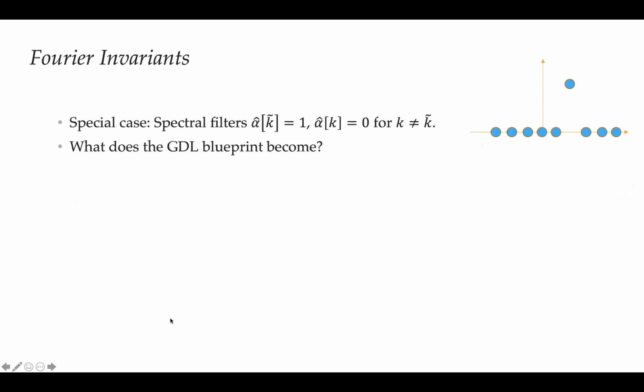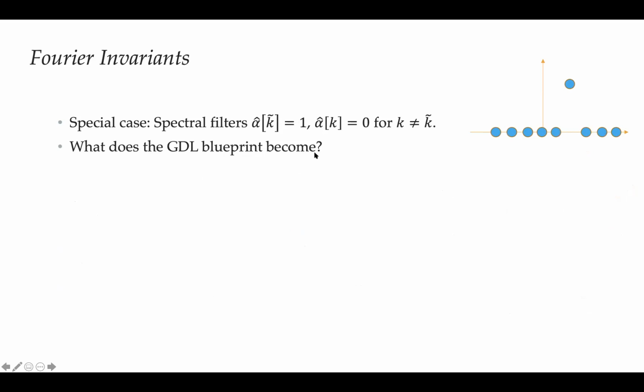Okay, so let me present a special case. Let's assume that I have spectral filters that are the opposite of being local in space, that are very local in Fourier. This is like a spectral multiplier that is only non-zero in a single frequency, and in the rest is completely zero.